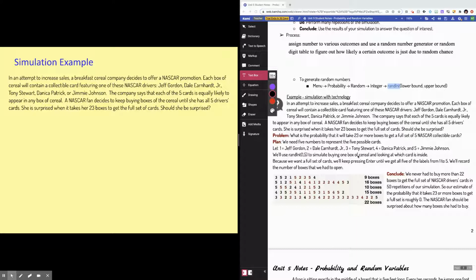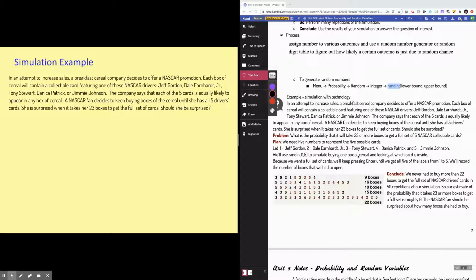So we're going to set up a simulation with the information they gave us and see, just using a random number generator, how many boxes it takes for us to get all 5 cards, to see if this result that this person got was rare or not.